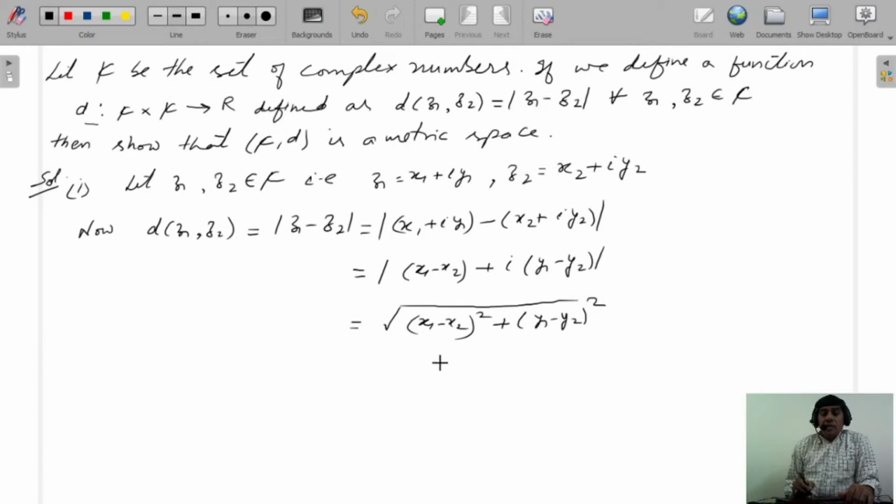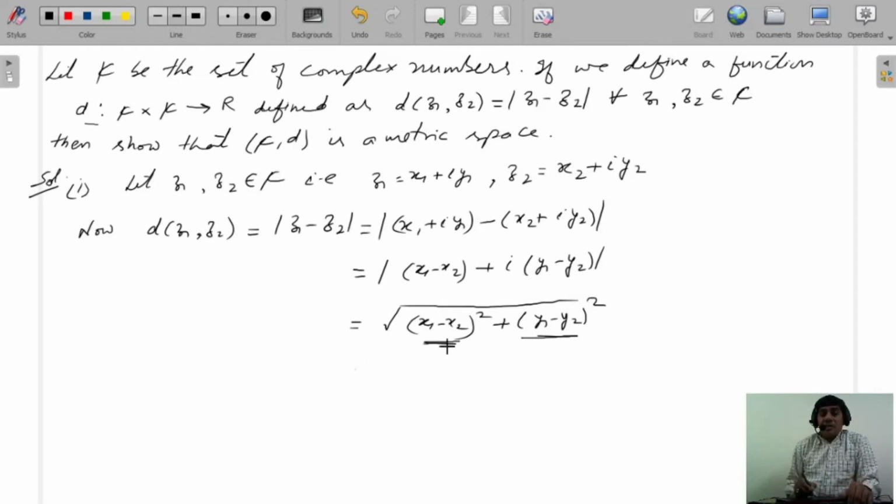We know that a square quantity is non-negative, that means (x1 minus x2) whole square is non-negative. Similarly, (y1 minus y2) whole square is also non-negative, and the sum of two non-negative quantities is always non-negative, and the square root of a non-negative quantity is always non-negative.